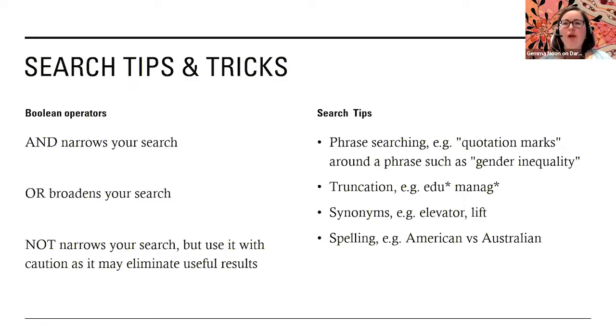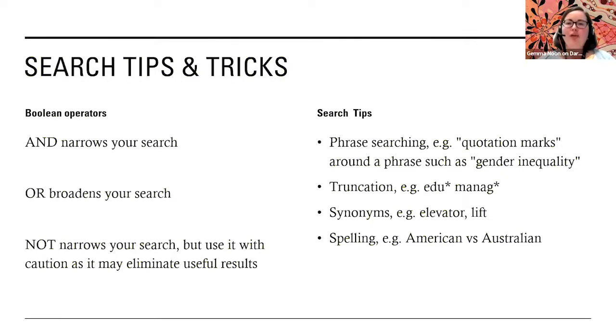So if you tried to truncate gender or inequality at the same time that you were phrase searching it, that would not work because you're confusing it. You're telling it to do two things at once. So you need to do one or the other for each search term.